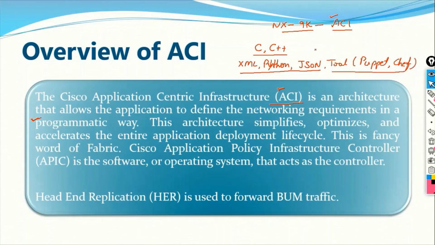And one of the important languages is Ansible: we can write any program in Ansible, and whatever task we need to do, we can do it in a more advanced manner via Ansible. Any language you might be aware of, those languages will support your program, and those programs are supported by your ACI infrastructure.